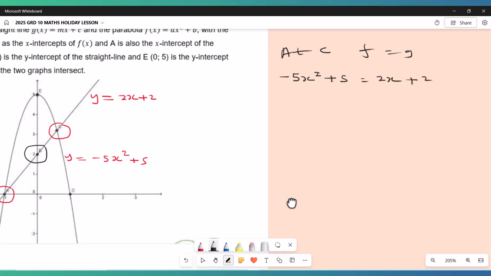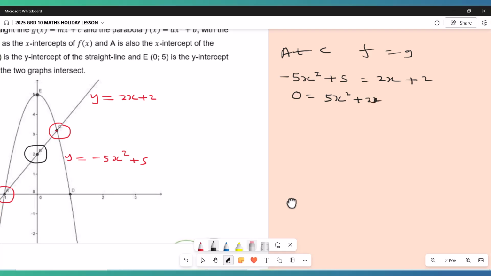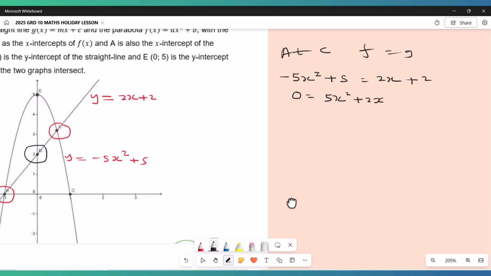Here I'm going to collect like terms. 0 equals 5x squared, because it was a negative, then plus 2x. And because I have a 2 and a 5 that side, the 5 becomes negative. What is 2 minus 5?